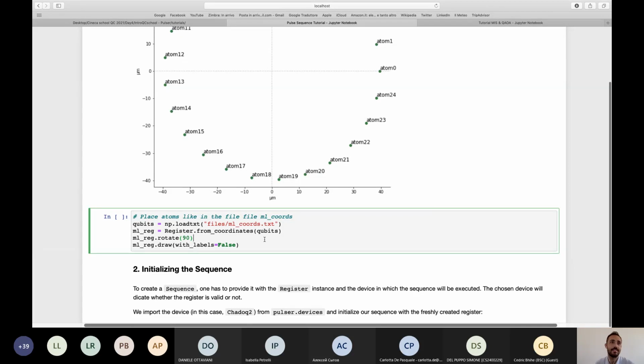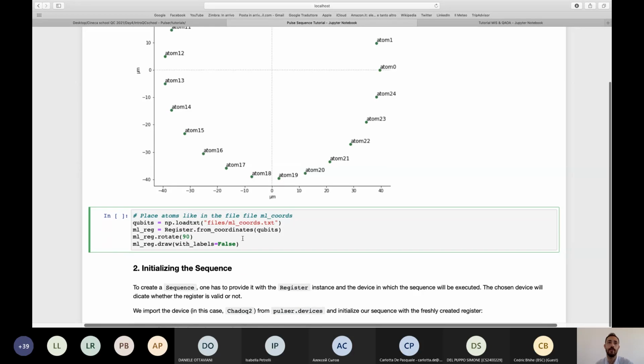This is not a question, it's more of a joke. The file is called ML cohorts. Remember that Pasqal is a French company. So what do you think is going to happen here below? What's the shape if I run this one?